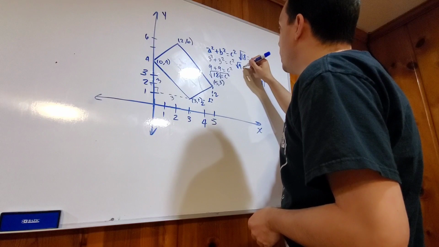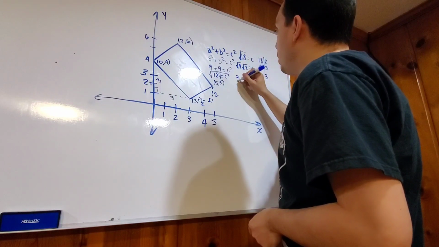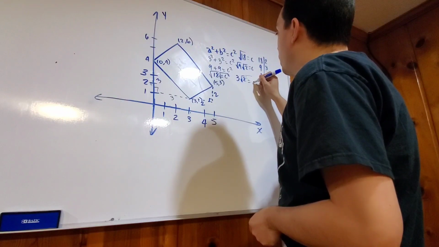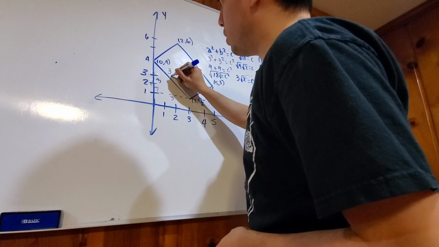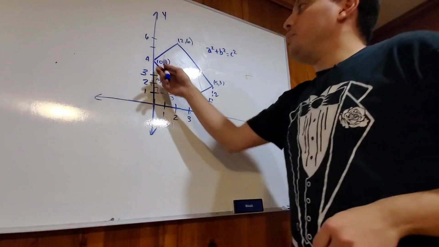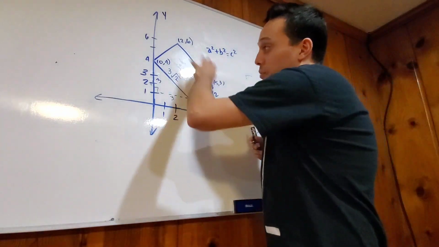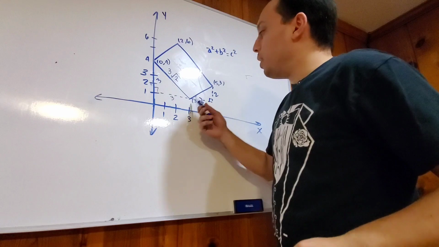And so square root of 9 times square root of 2 equals c. Square root of 9 is going to be 3. 3 square root of 2 equals c. And that's going to be this side right here. So let's label it really quickly. And now that we found the height of the beautifully drawn rectangle, we're going to find the base now.